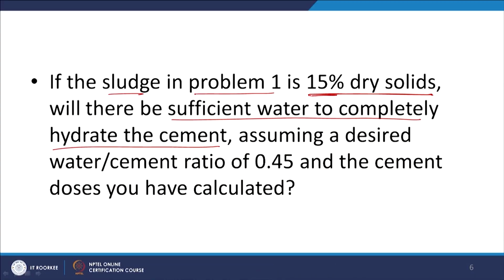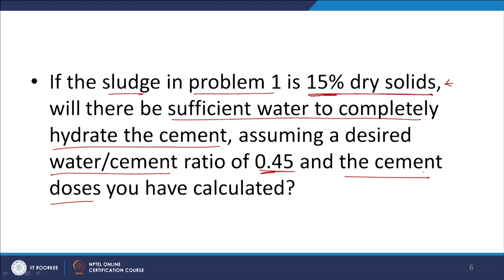That's the aspect we are looking at here. It looks like it's only 15% dry solids, so will there be sufficient water, or do you need to add more water to get to a water cement ratio of 0.45, with the cement doses that we have calculated?